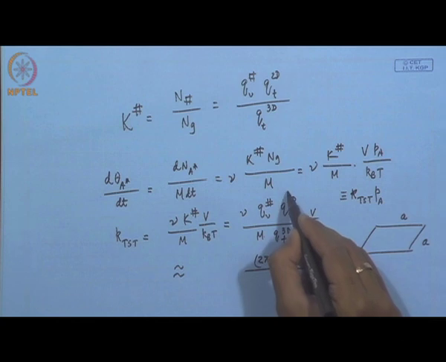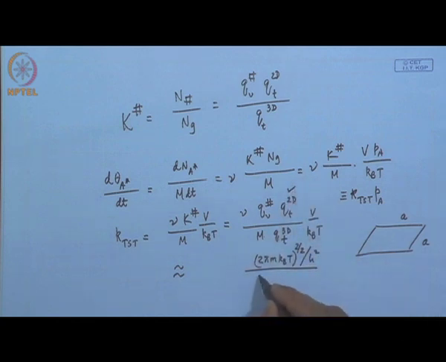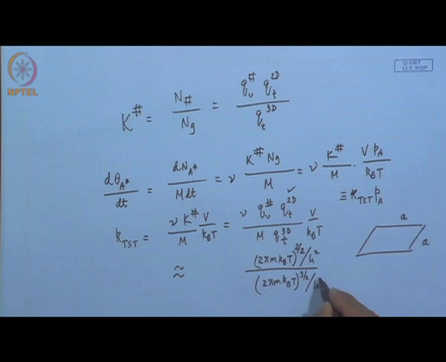So for this part we wrote it like this, and here it will be 2 pi m k_B T to the power 3 by 2 divided by h cube, of course V by k_B T.